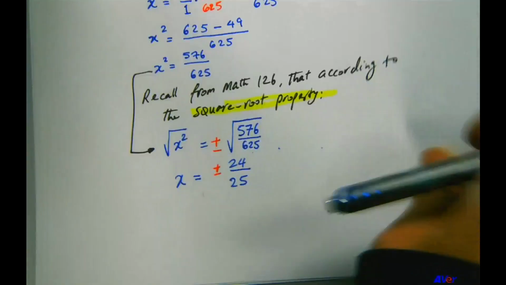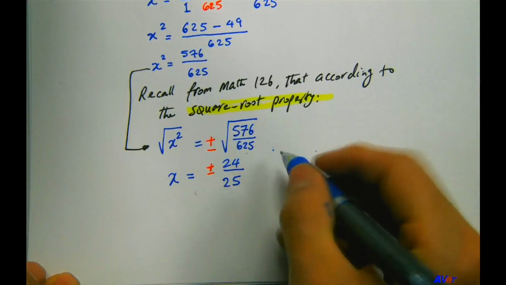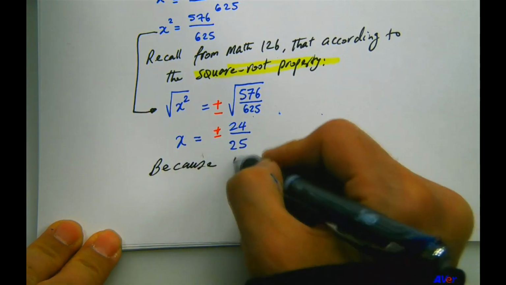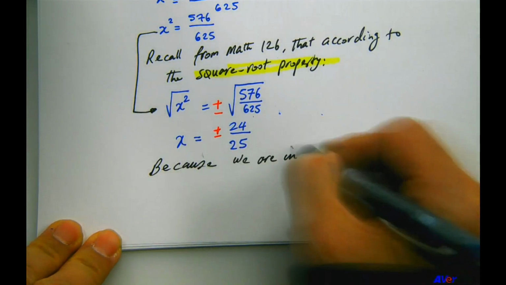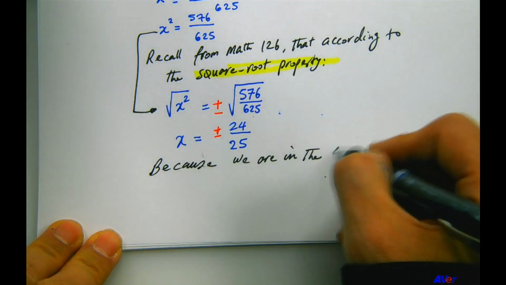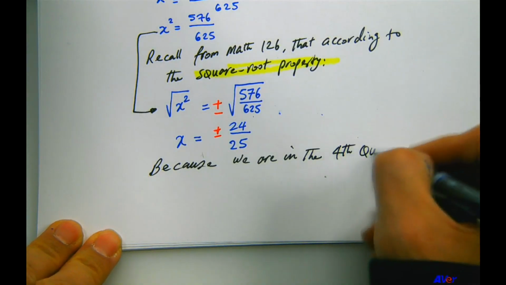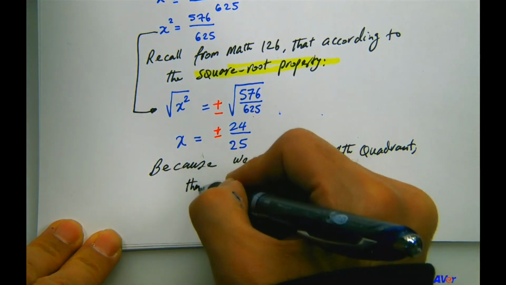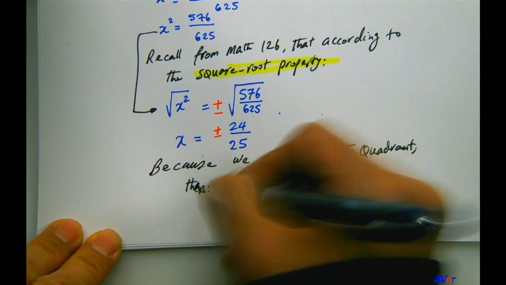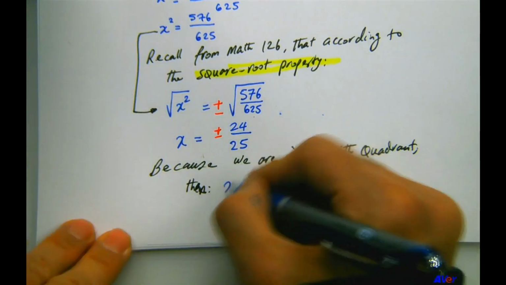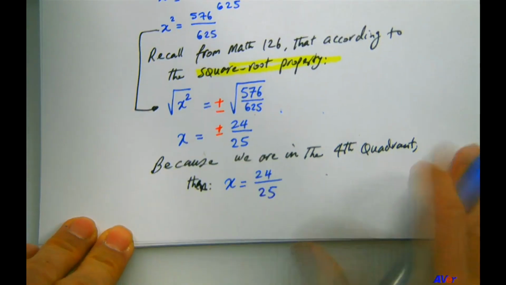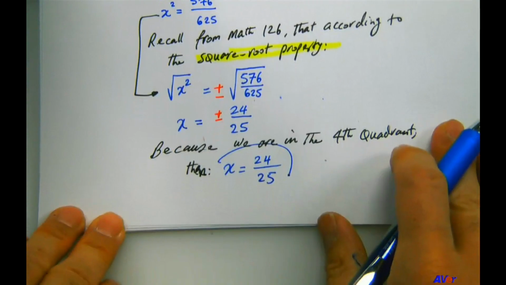So because we are in the fourth quadrant, x can only be positive. So x is equal to positive 24 over 25. That's the answer for x.